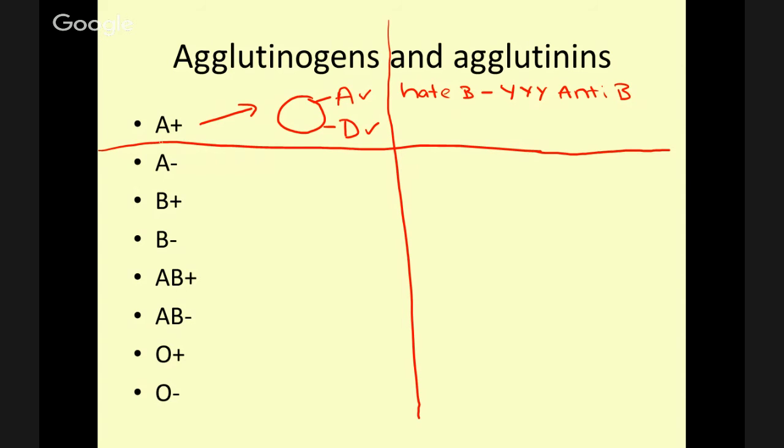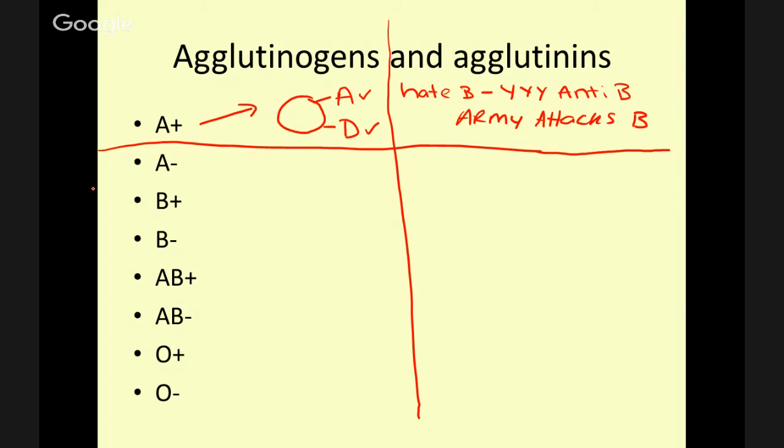So if I'm A positive, I can never get any type of blood that has some type of B in it, okay? Because I have an army. This is an army that attacks B. So if I put B into A positive, the army's going to attack and the clumping will happen.